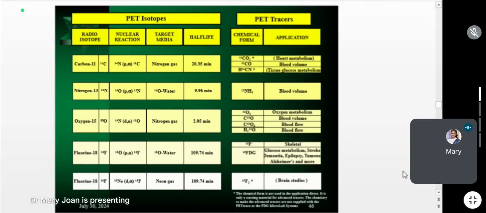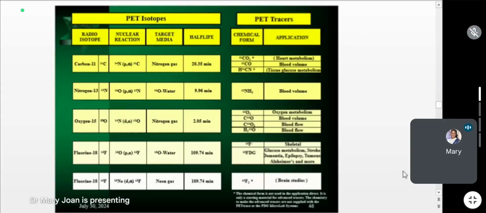and 15 oxygen is used for oxygen metabolism. 15 carbon monoxide is used for blood volume studies again. Carbon 15 carbon dioxide is used for blood flow, and oxygen 15 water is again used for blood flow studies. And fluorine isotopes and fluorine tracers.